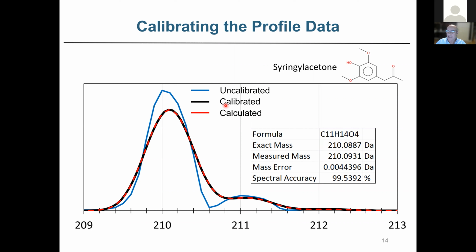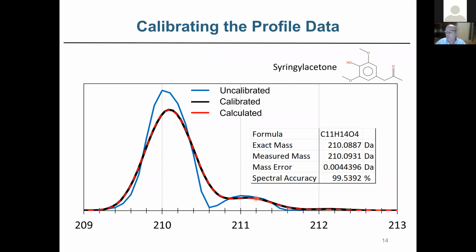So if you look at the red line here, that's actually the calculated spectrum for this compound here. This is the uncalibrated spectrum, which is very difficult to match because we don't know what that peak shape function is. But what our calibration does is it calibrates the spectrometer peak shapes to a known mathematical function.